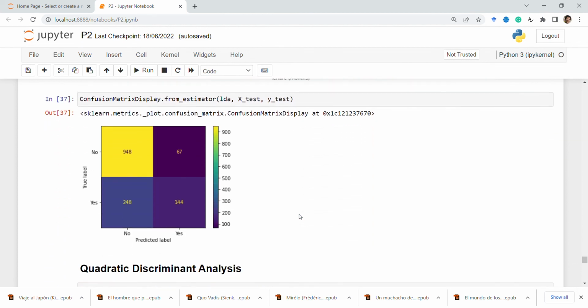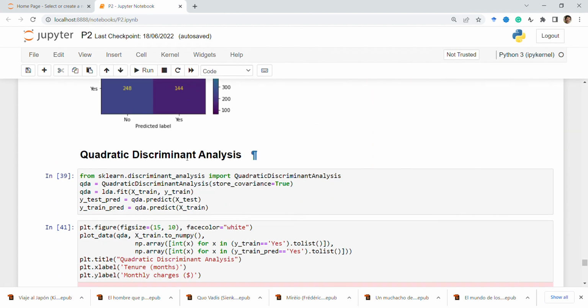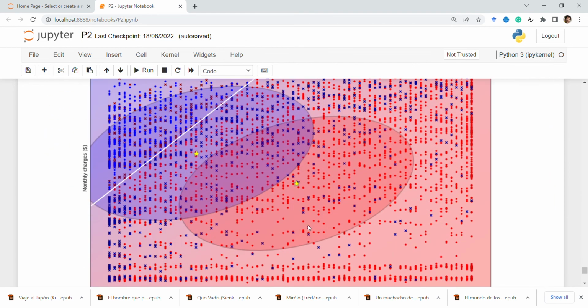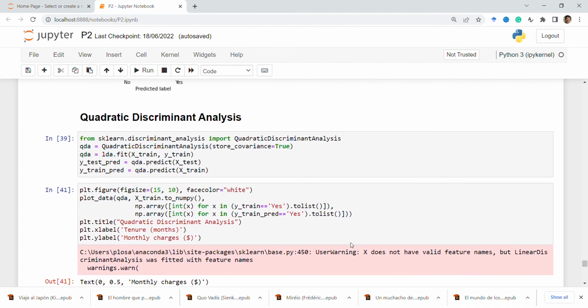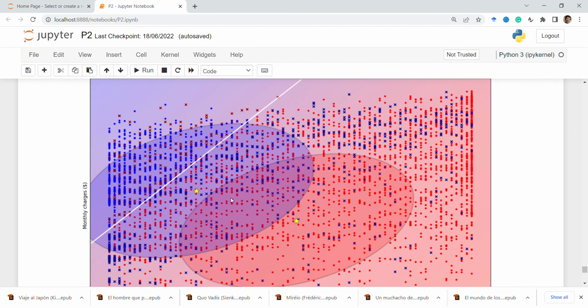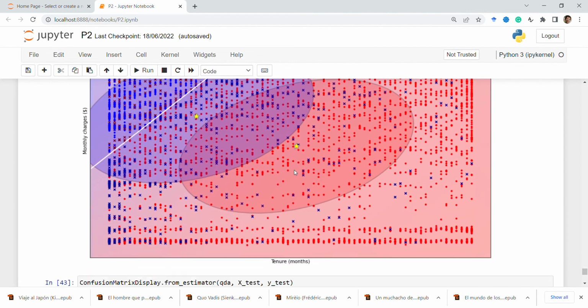Then we have quadratic discriminant analysis, where we allow the Gaussians to have different shapes and different covariance matrices, but the classification is mostly the same, and the accuracy is not printed here, but it is roughly the same as with the linear discriminant analysis, because we don't see much of a change in the structure of the populations.